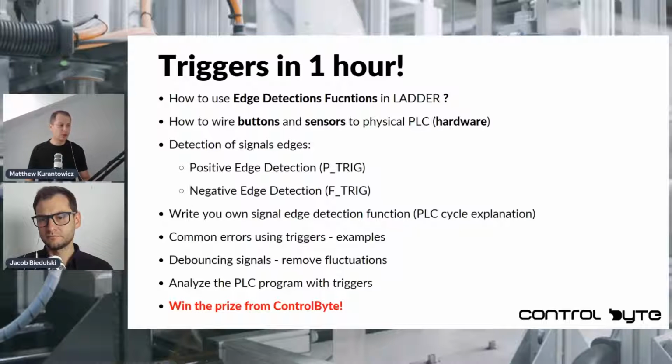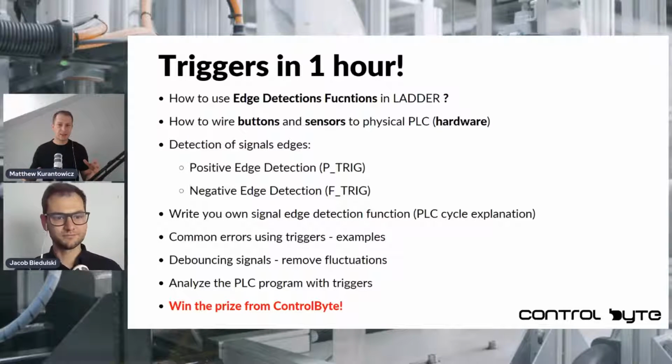Next, we will go to the topic of how to wire buttons and sensors to physical PLC hardware. For automation engineers, it is important not only how to program, but also how to wire the entire system: PLC, buttons, sensors, etc.